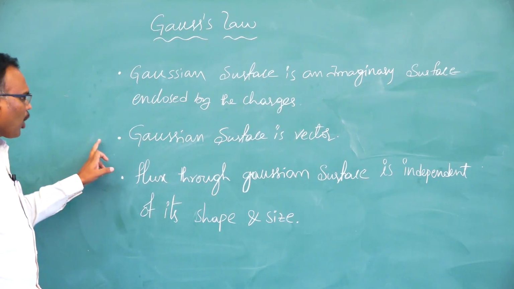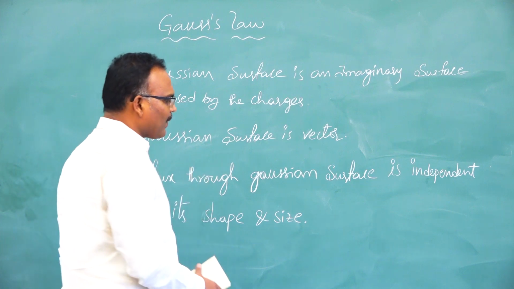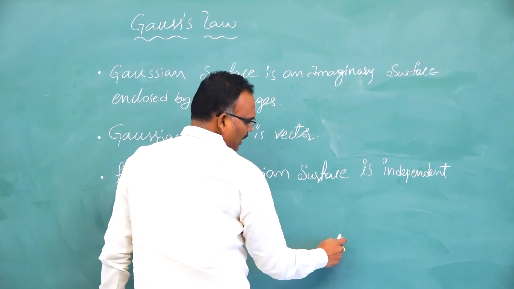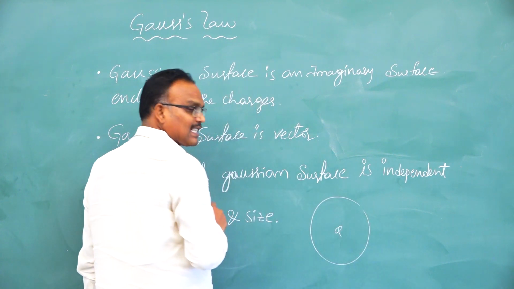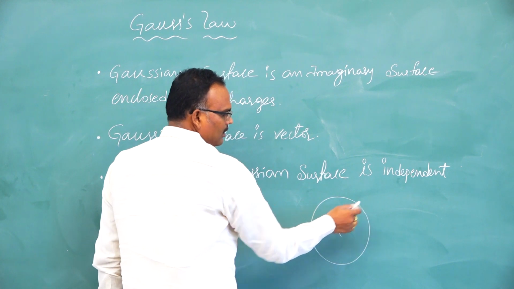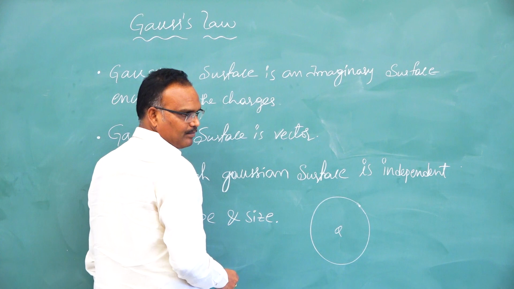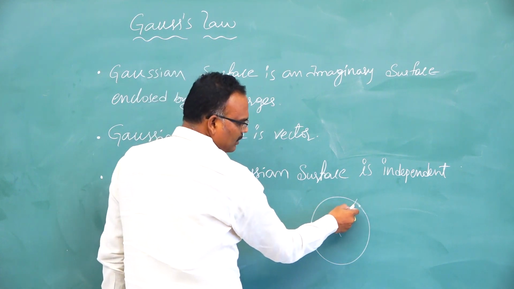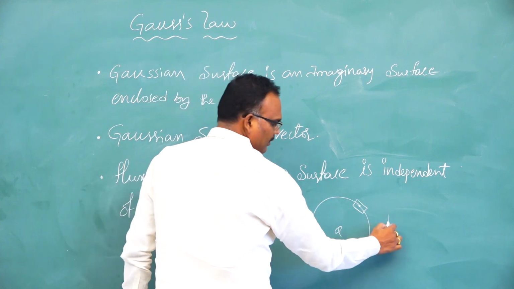Second point, Gaussian surface is a vector. Here I will explain one simple example. For example, if you take a charge Q here, you draw a Gaussian surface as a sphere, for example. Sphere is a Gaussian surface now. See, if you want to calculate electric field at this particular point, then here I need to select a small surface area, ds bar.